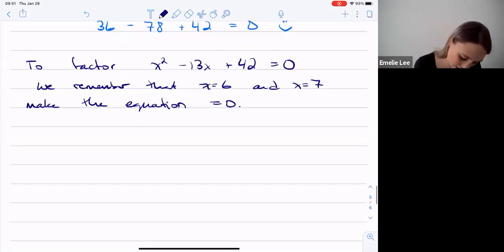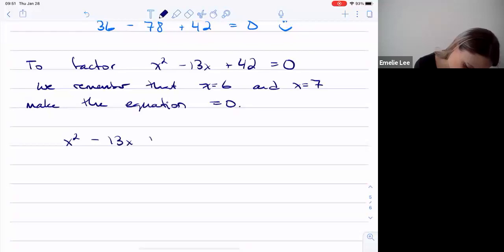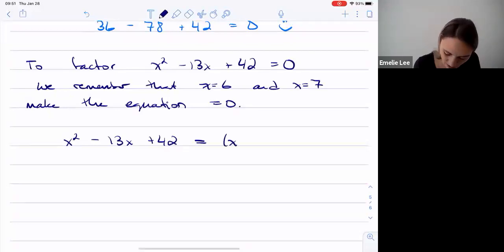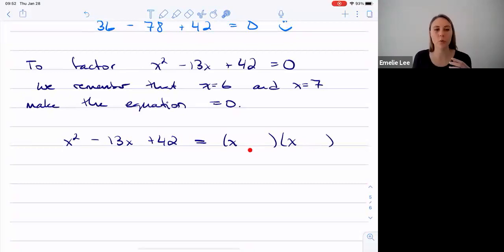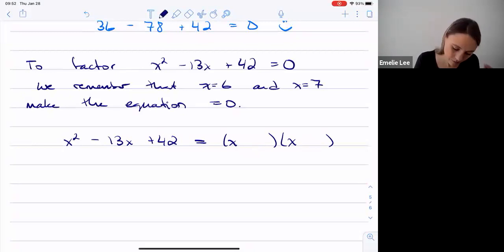What this is going to look like is x squared minus 13x plus 42 is going to become x times, and here I'm just leaving room for my roots.